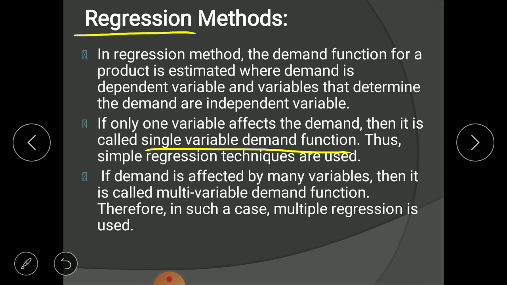If demand is affected by many variables, then it is called a multivariable demand function. Therefore, in such a case, multiple regression is used. If you are forming an equation which constitutes many factors, then we are using the multiple regression method.